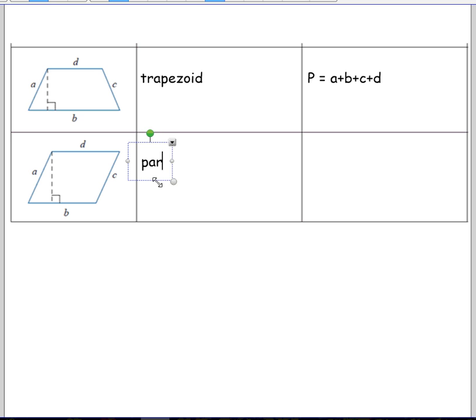But let's just say that our parallelogram copies the same formula as a trapezoid since it uses the same letters there. So we have A plus B plus C plus D.